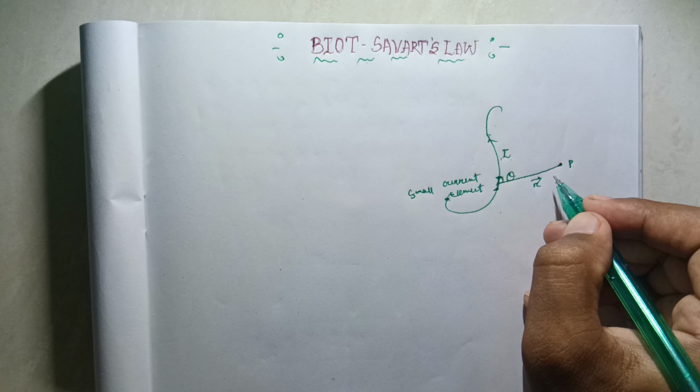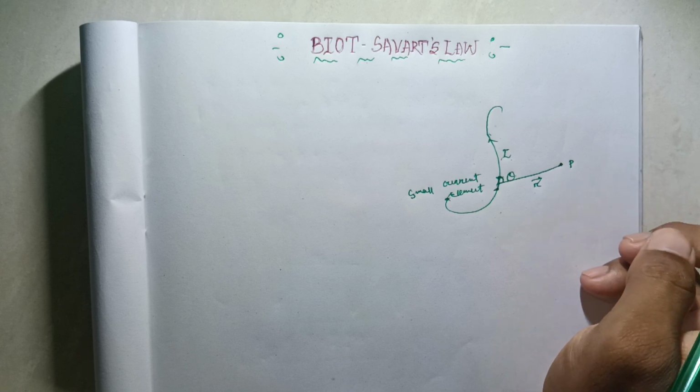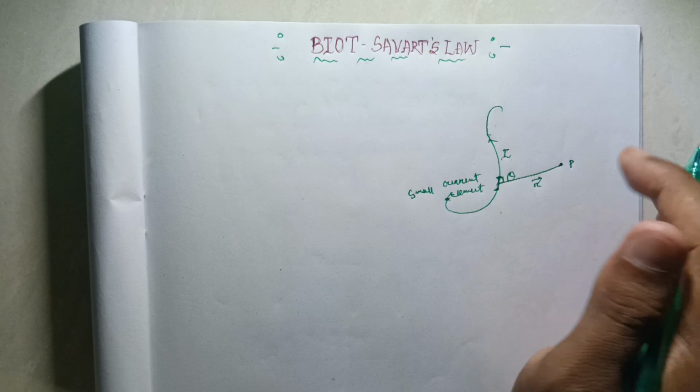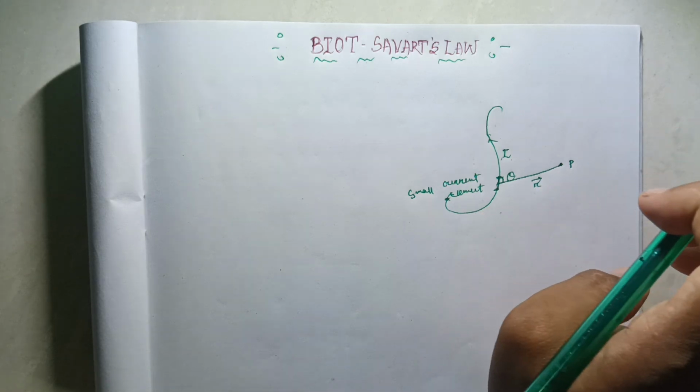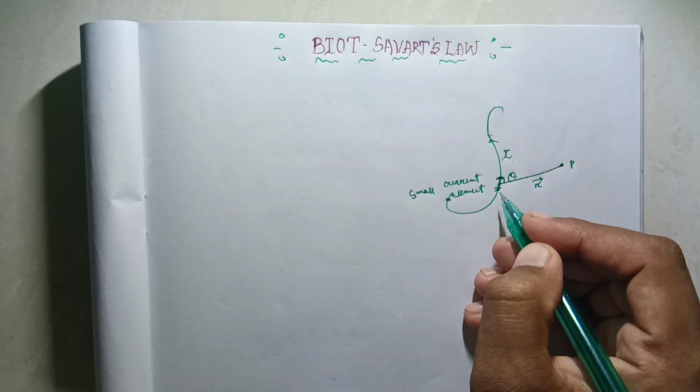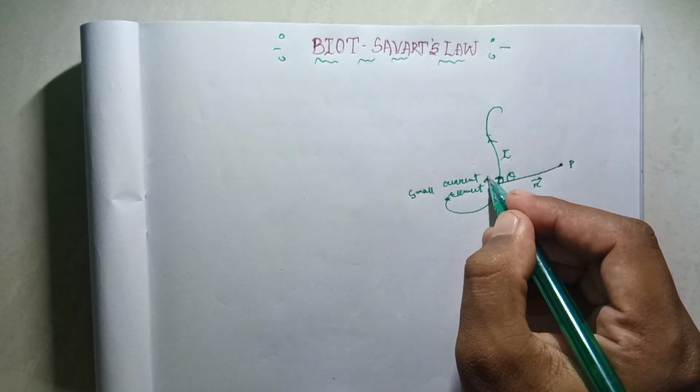We have to find the magnetic field intensity at point P due to this segment. The length of this segment is dl.